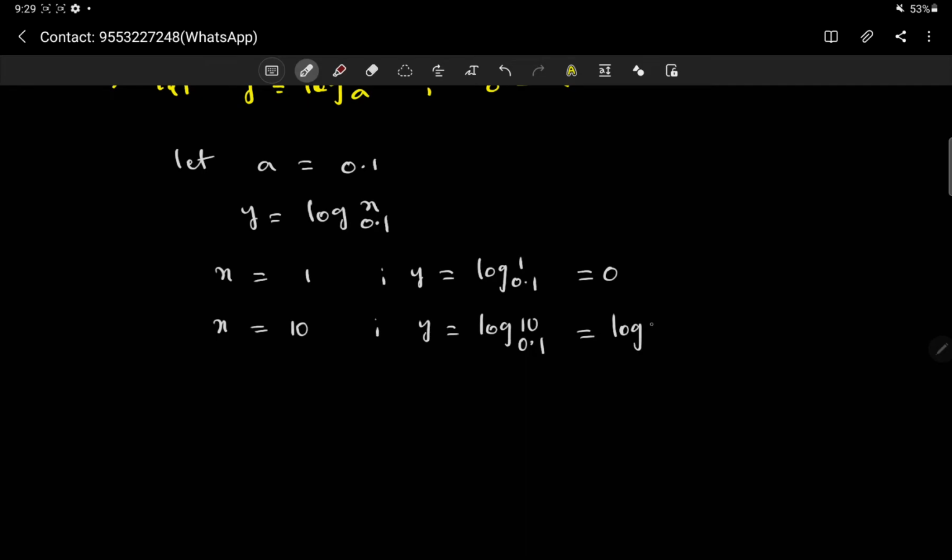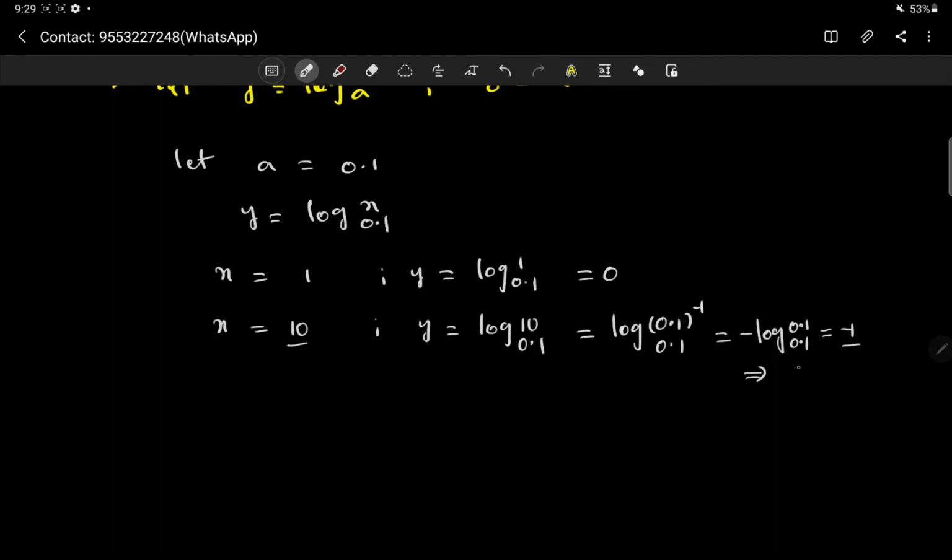So 10 can be taken as 0.1 to the power minus 1, and base here is 0.1 only. This can be taken as minus log 0.1 base 0.1, that is 1 only, so minus 1.